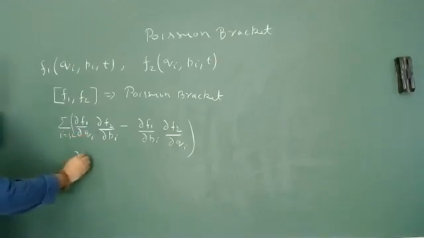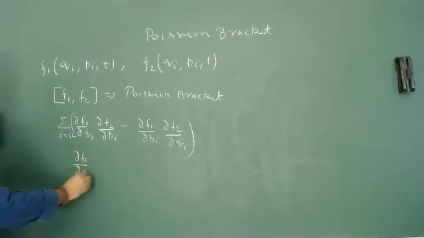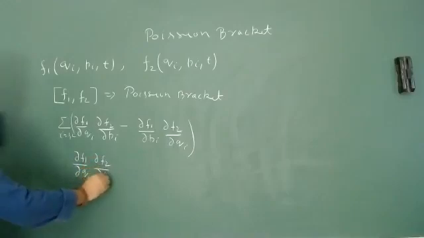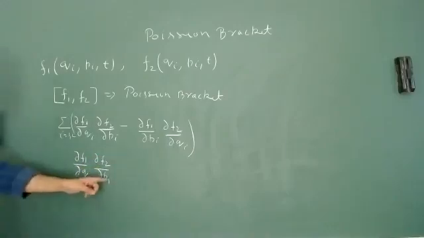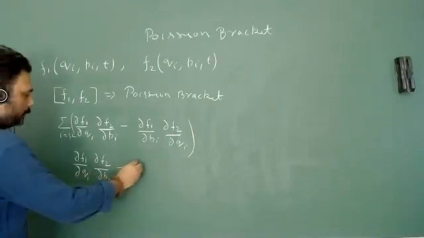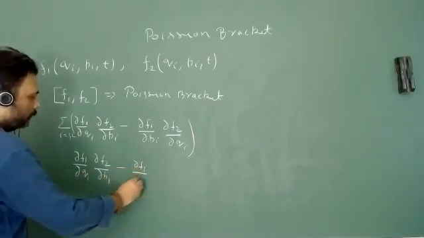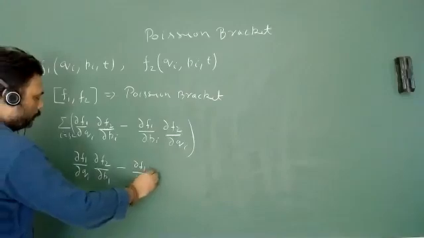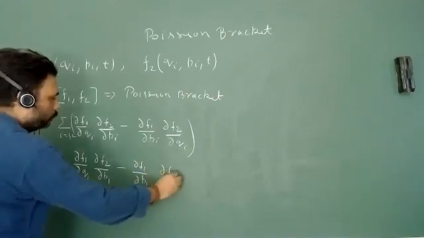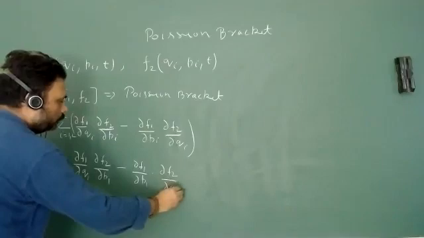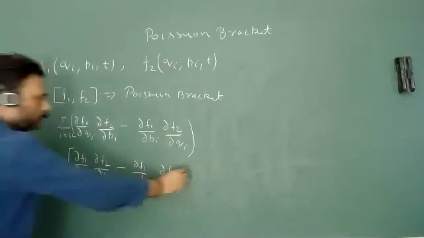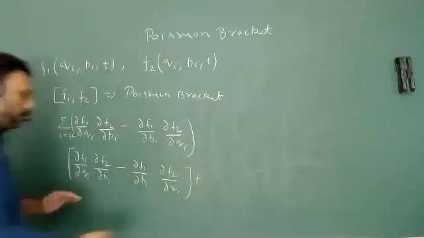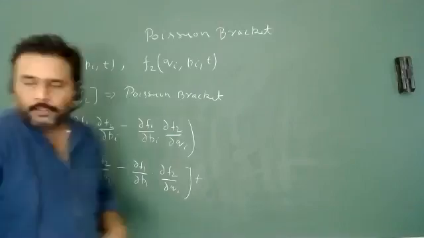Then this will be del f1 upon del q1, del f2 upon del p1. p1 is the generalized momentum conjugate to q1. And here is del f1 del p1 into del f2 del q1. So first we go for q1, and similarly we go for the next one, q2.